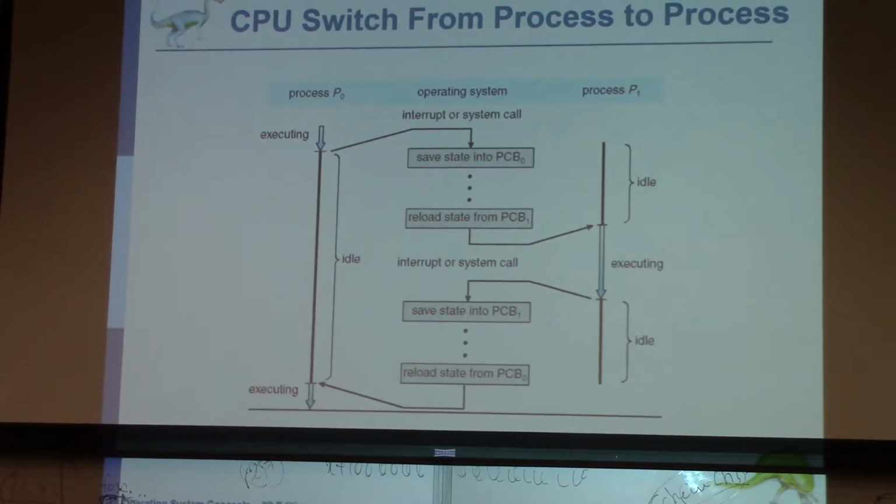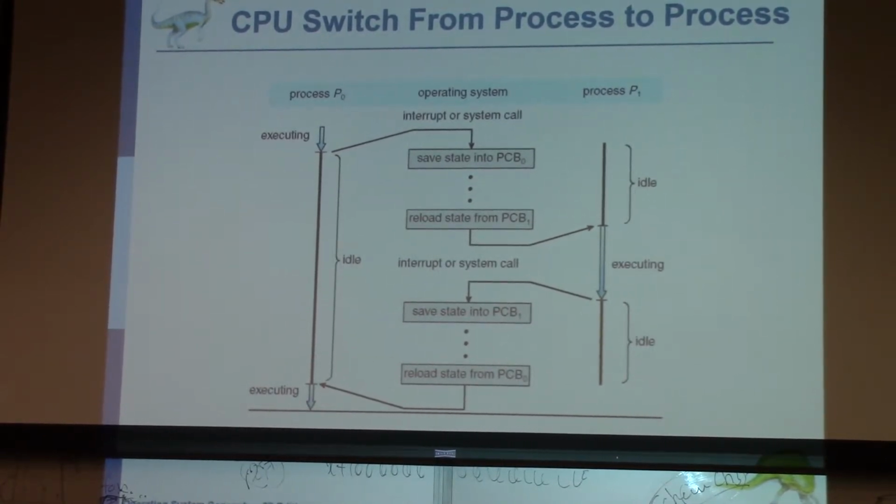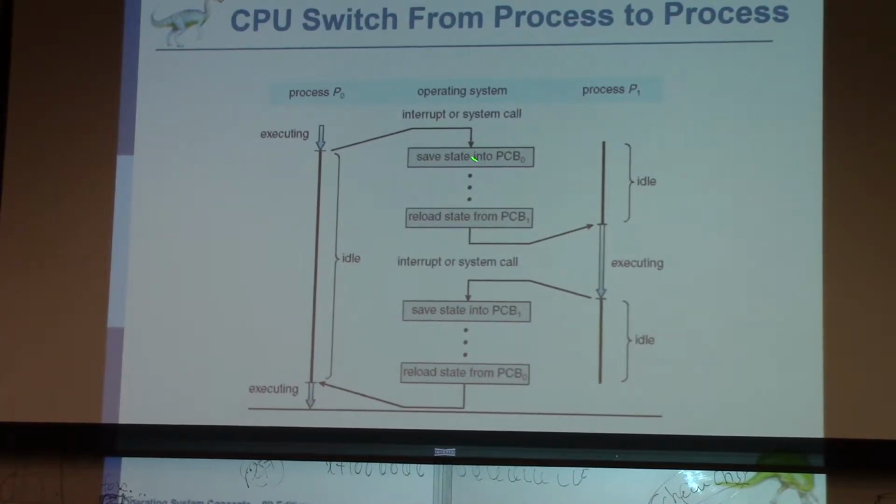What happened? We can use the PCB information. PCB has all the information about the process, like the information about the student. Then next time, I can check the PCB.